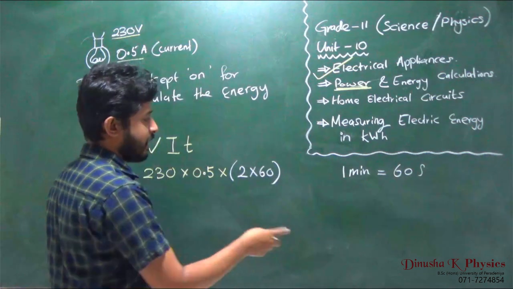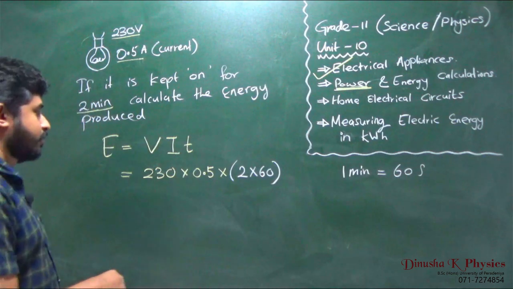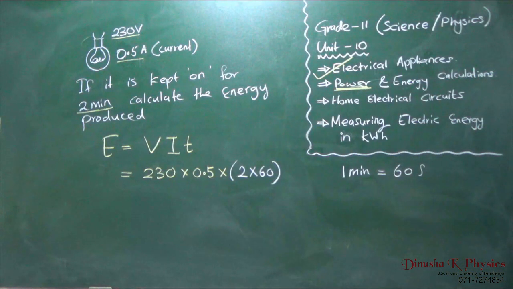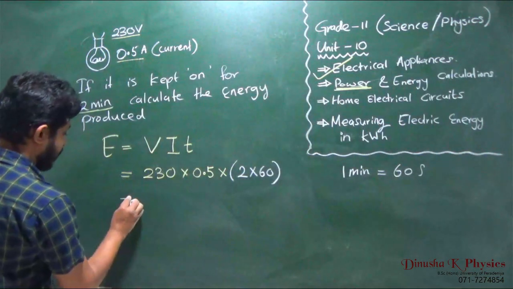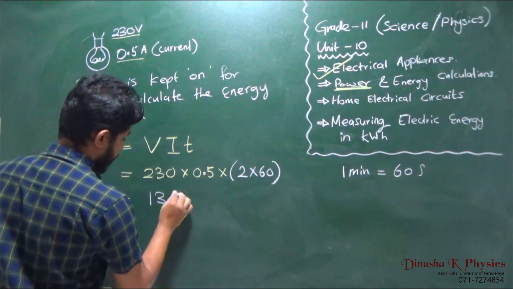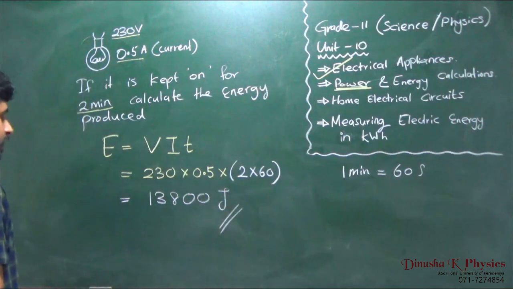So 2 minutes will be equal to 2 times 60 seconds. Right. So now you can just multiply and take the answer. So this will be equal to 13,800 joules.